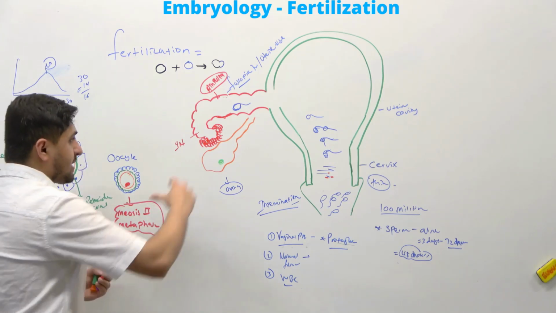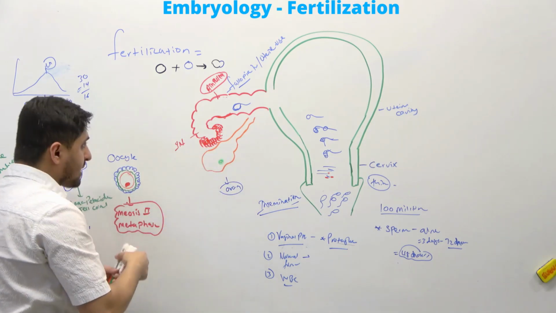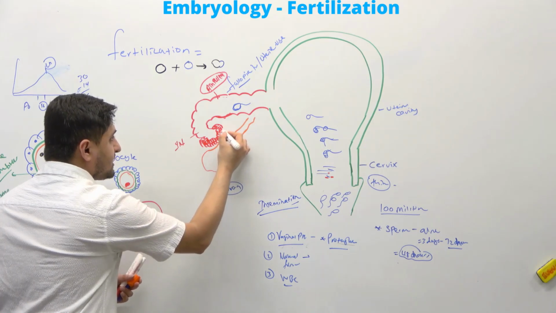And when the secondary oocyte gets released, look at this. This is an ovary. From here it ruptures, and this is your fallopian tube.